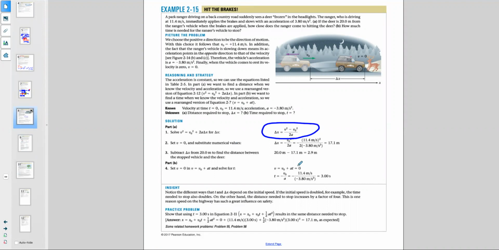The only thing about this particular problem is that the final velocity is 0 because it saw a deer and it wants to stop. So final velocity is 0, and that's why you're dealing with a negative here. So just pay attention to those, and work on those.